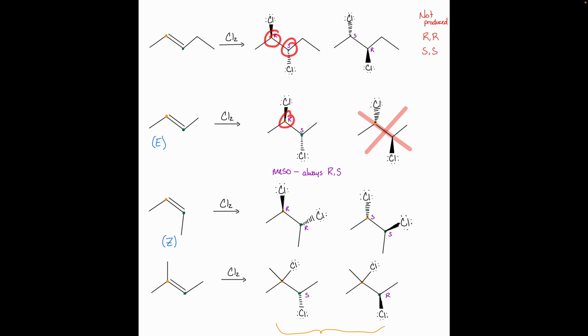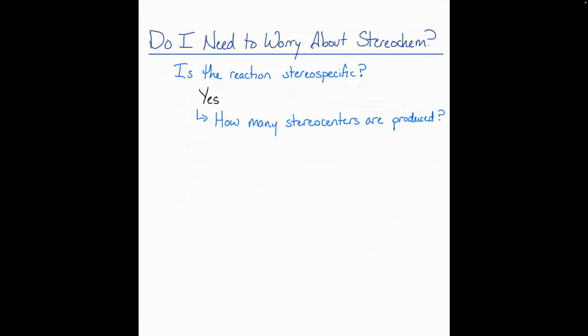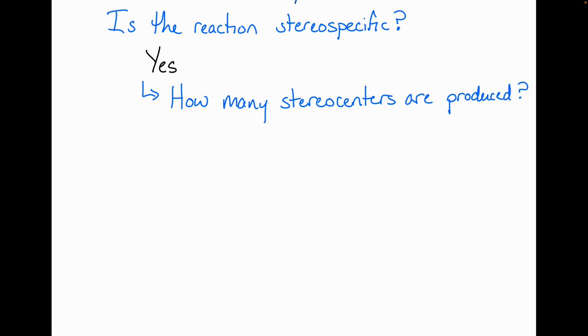When we had two stereocenters that were produced, right? So we got three different options here. First of all, you could have a product that doesn't have any stereocenters at all. So if it has 0 stereocenters, then that molecule is simply not chiral. So you don't have to worry about it.